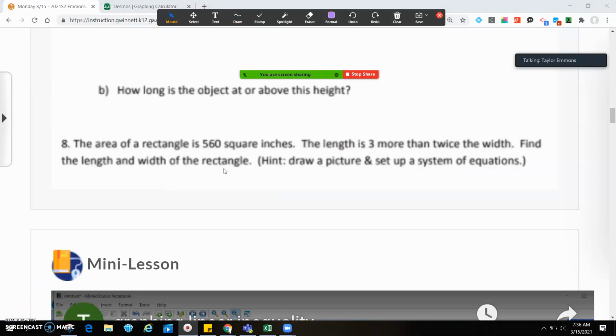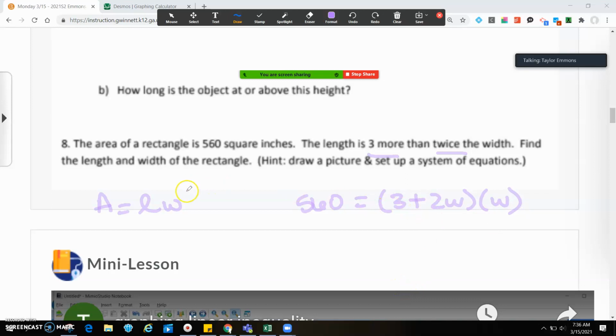All right, so we know that the area of a rectangle is length times width. We know that the area is 560. We know that the length is 3 more than twice the width. So 3 more than twice the width times our width.